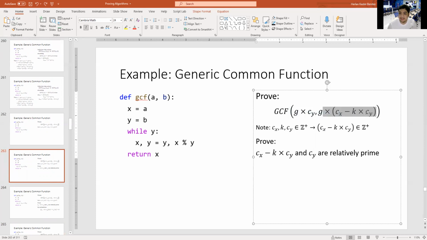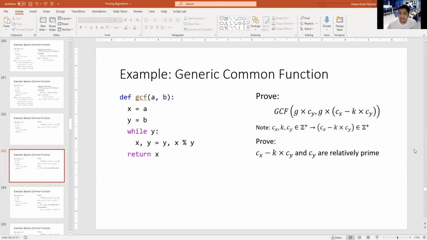But, ayun, we have to prove that it's the greatest common factor, which means that si cy and si cx minus k times cy should be relatively prime or wala silang common factors na iba pa. So, in order to prove that, is actually mahirap siyang i-prove directly. So, we're gonna use contradiction.